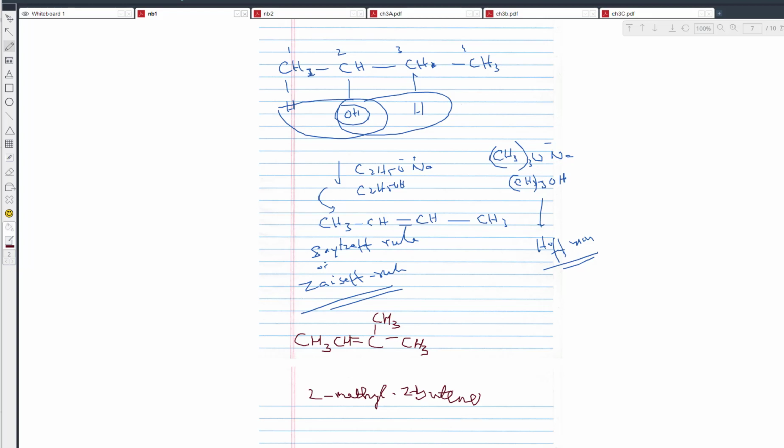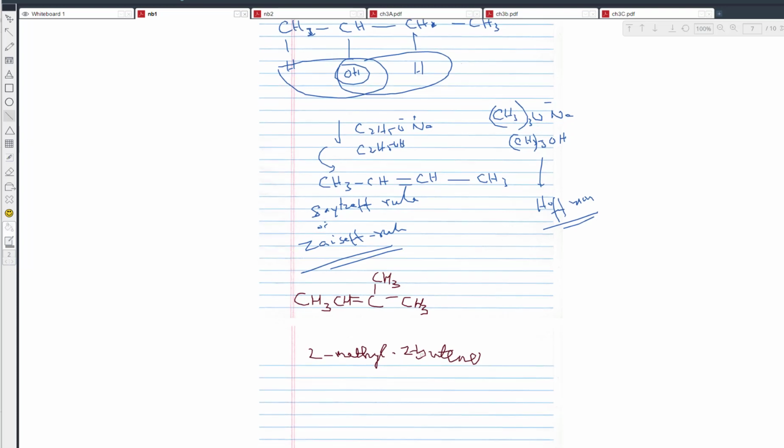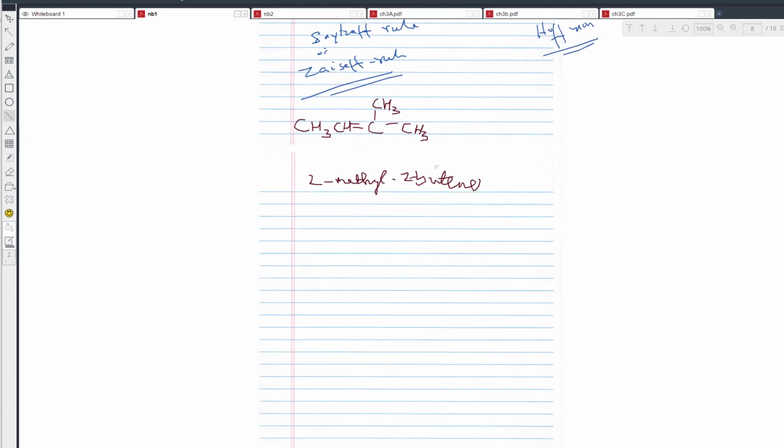So for A, let's see. Draw the structure of the chief product formed. All right. So there are two possibilities where the double bond could be. I'll draw the two structures, and then I have to decide which one is chief, right?